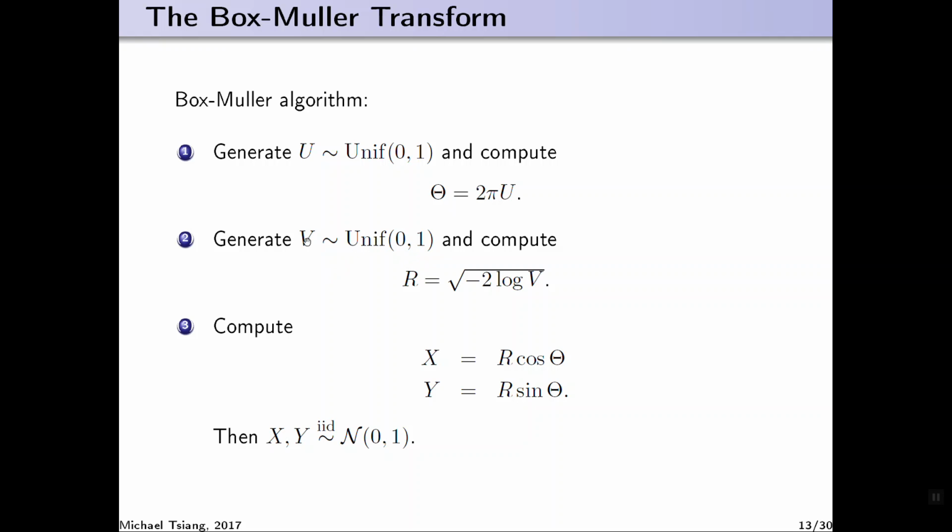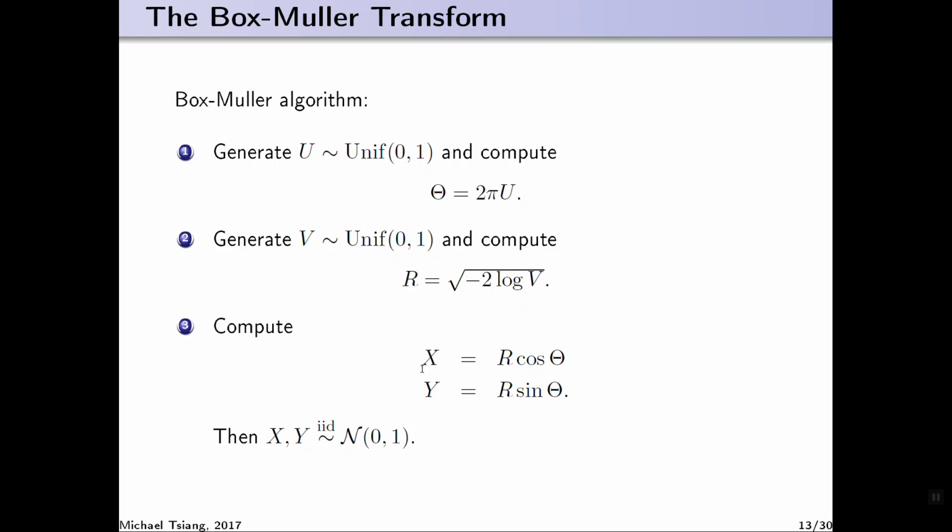And then if v, or some letter, comes from uniform 0, 1, we just plug that into -2 log v here, and we take the square root of that to get our radius, and we compute this. And so we go from 2 uniform values to 2 random normal values. Okay, so this is Box-Mueller. It's a very good algorithm.